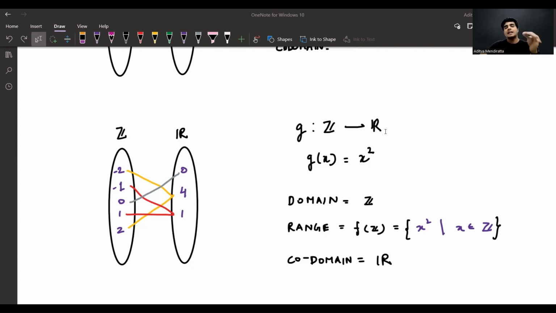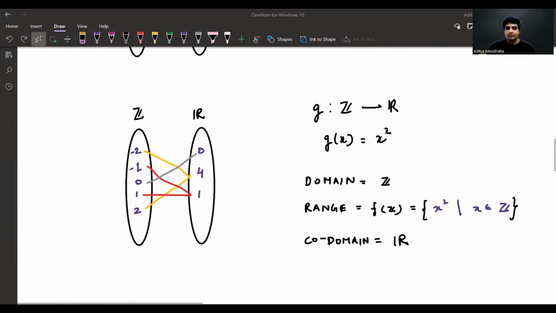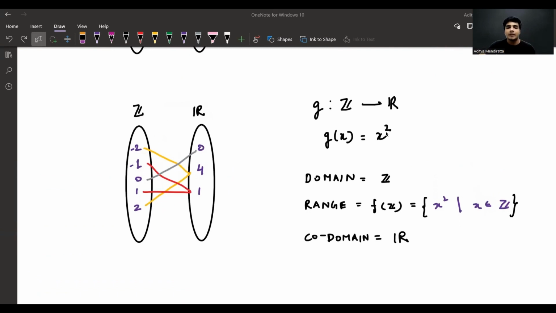Now these type of functions have a special name. They are known as injective functions. Now, how can I make that possible? How can I make it possible that every element of the range set over here has only one pre-image in the domain?